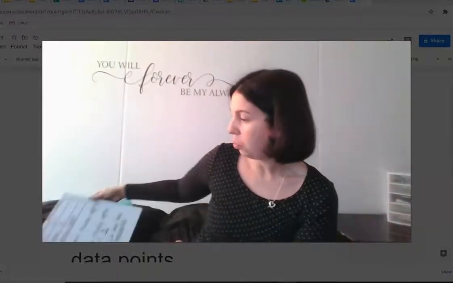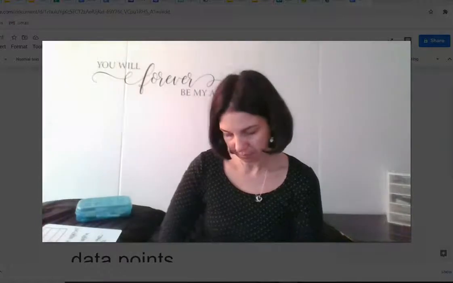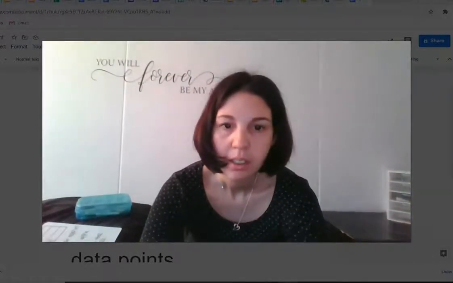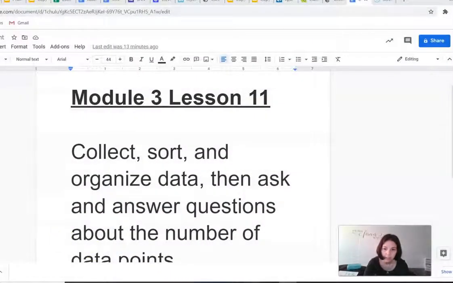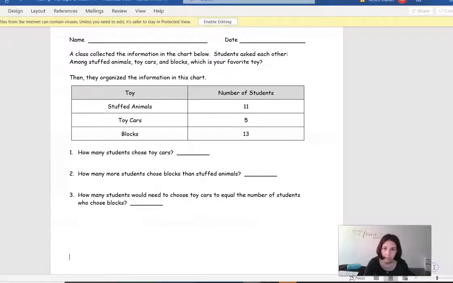We're going to look at one more chart. Let me switch the screen here. Look at this chart. It says a class collected the information in the chart below. Students asked each other among stuffed animals, toy cars, and blocks, which is your favorite toy?